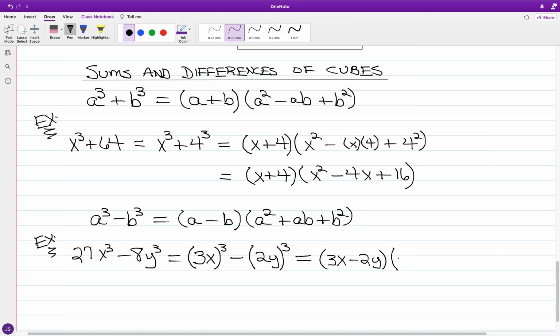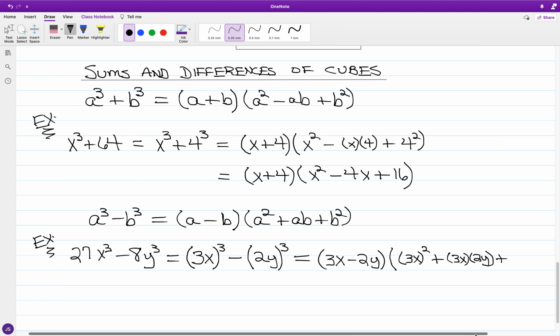That's going to be 3x, so we're looking at the square of 3x. You have plus ab, so you have, again, 3x times 2y. And for b squared, that's going to be the square of 2y.